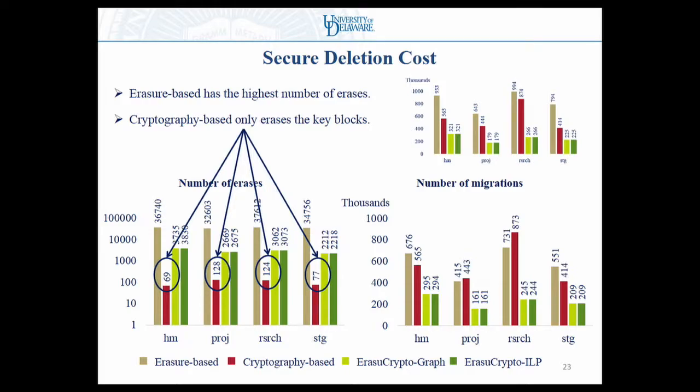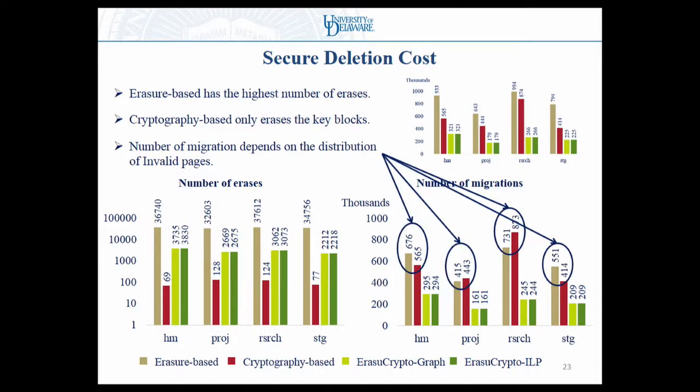And then, as you can see, the number of migrations depends on the distribution of the valid pages. In some of our benchmarks, the valid pages are somehow gathered in blocks, while in others they are gathered in groups. So it depends on the benchmark.